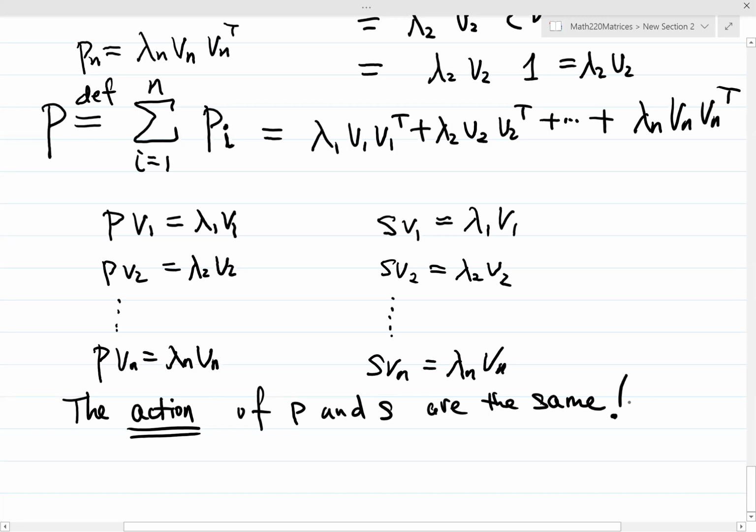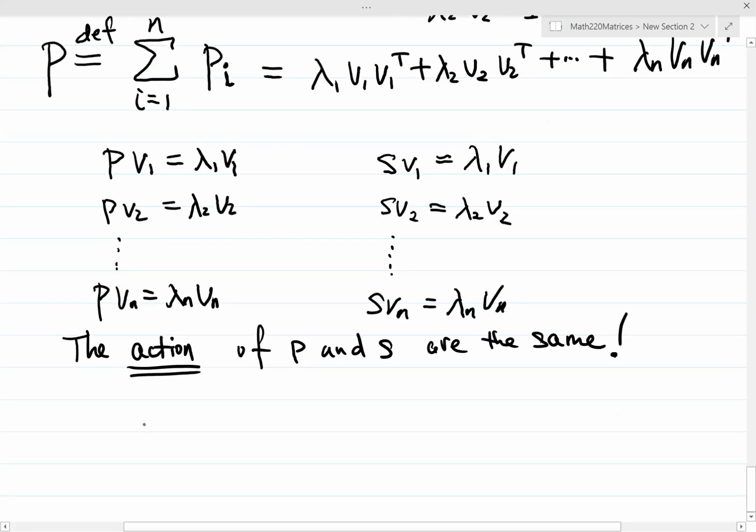Now remember, V1, V2, Vn span the total space Rn. So this tells us P and S should be exactly the same matrix, since the eigenvectors span everything.